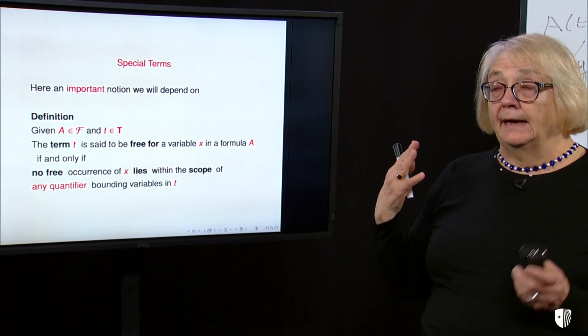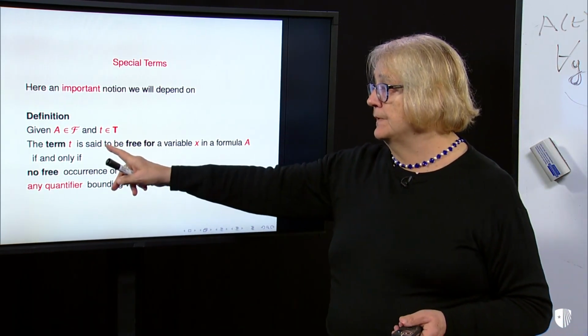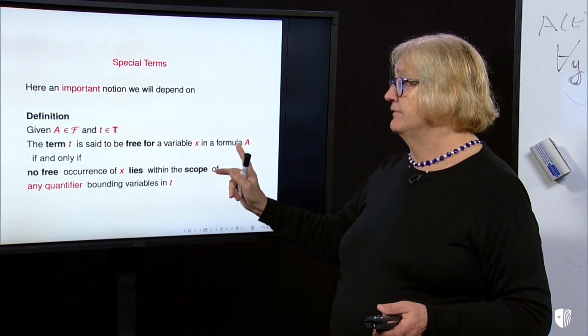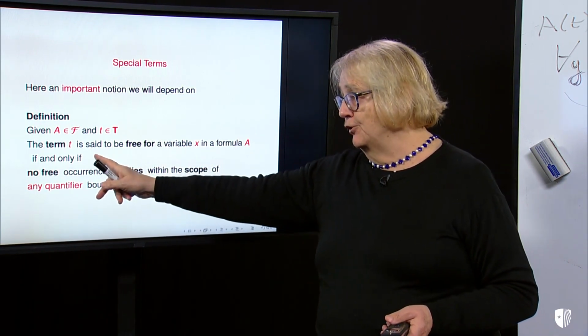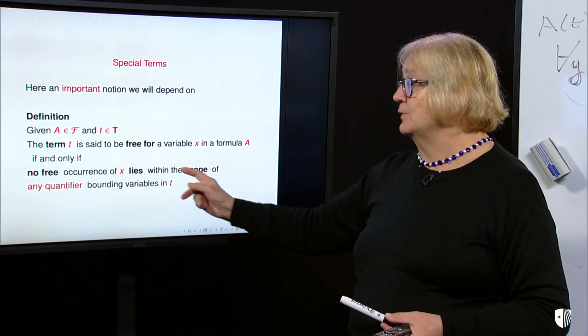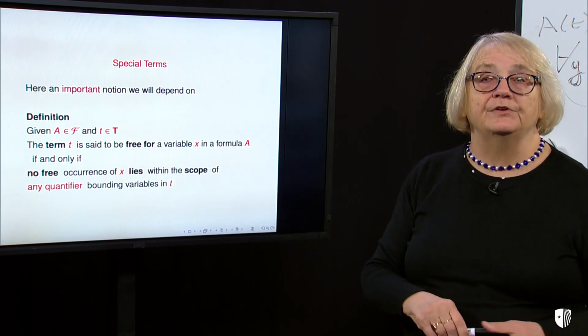Another important definition is that the term t is said to be free for a variable x in the formula A if and only if no free occurrences of x lie within the scope of any quantifier binding variables in t.